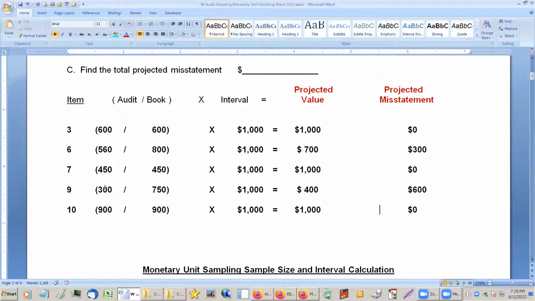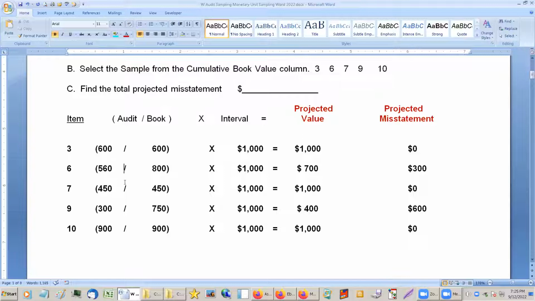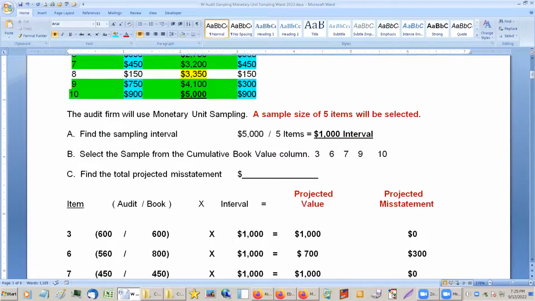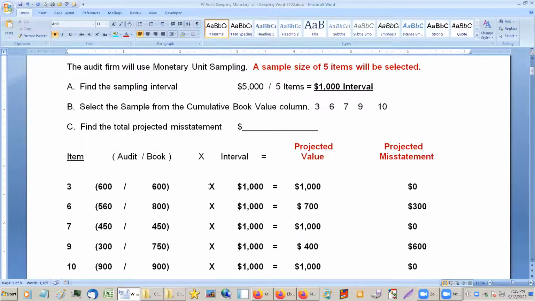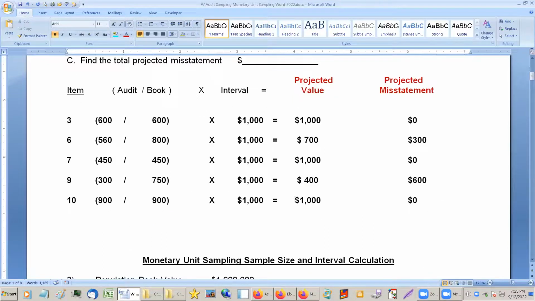So we took one item and made it for that entire interval, and we come up with a projected value. And what we're probably more interested in than the projected value is projected misstatement. But we'll add both of them up though, just for fun.